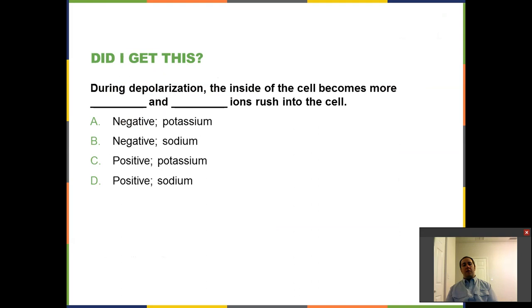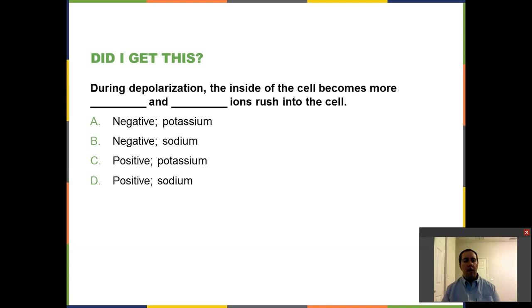So here's a question for you. During depolarization, is the cell becoming more positive or negative? And what ions are coming into the cell? Somebody said B. So during depolarization, it is going up the curve.